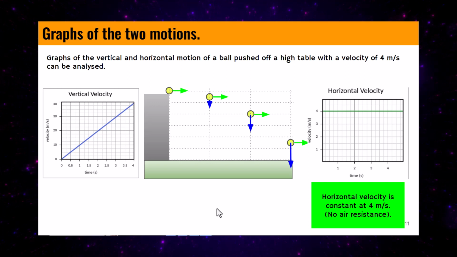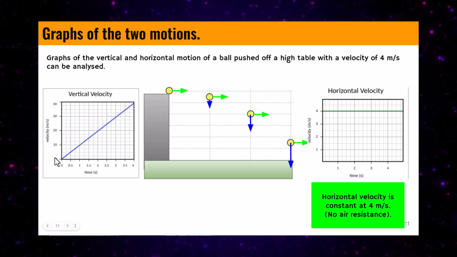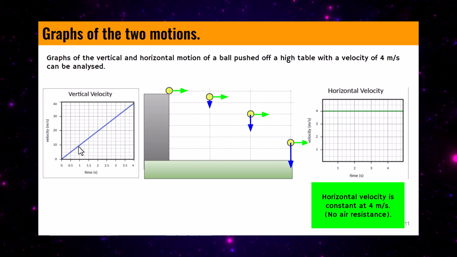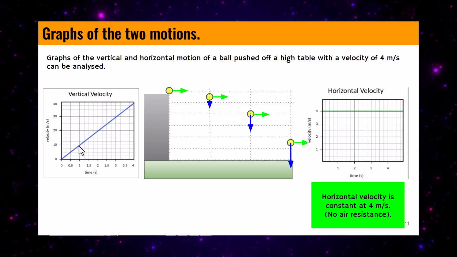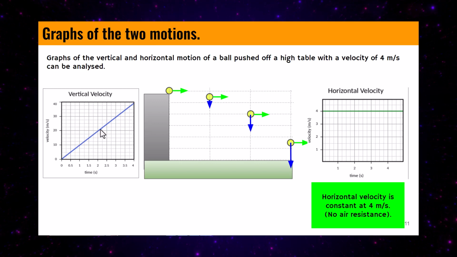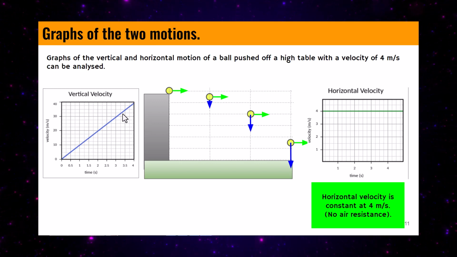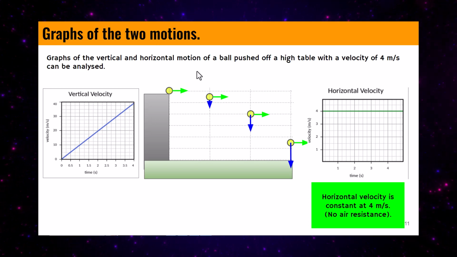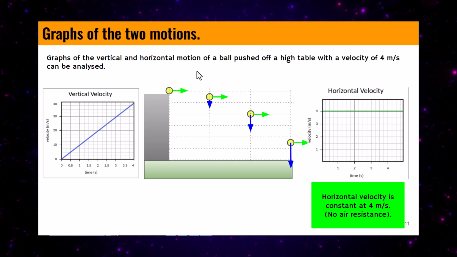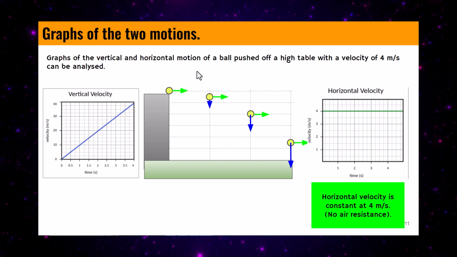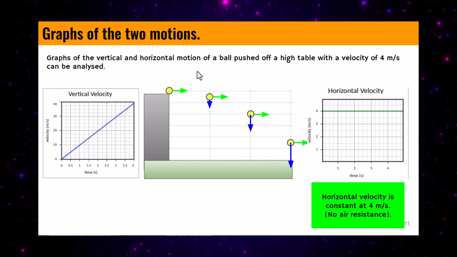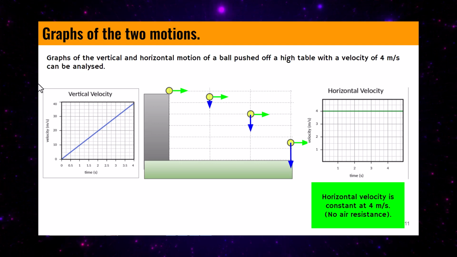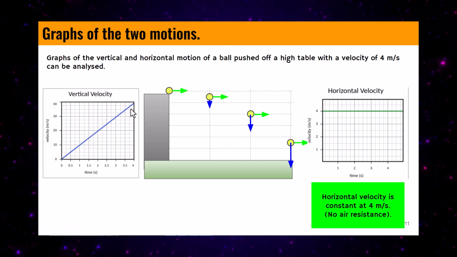The vertical component starts with a velocity of 0 downwards, and then as the time goes on, after 1 second, the acceleration of gravity kicks in, and you can see there's going to be an increase in the velocity all the way up due to the acceleration of gravity. And that is the graph of the vertical component of that ball's velocity. So two different graphs there, one showing no acceleration, constant velocity, and the vertical velocity one showing that the graph is accelerating.